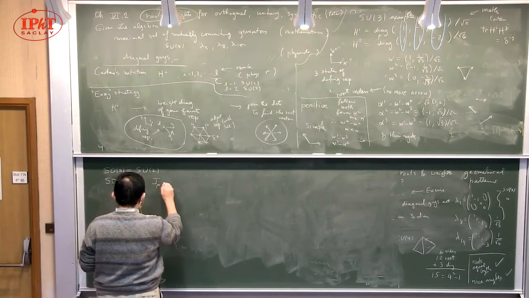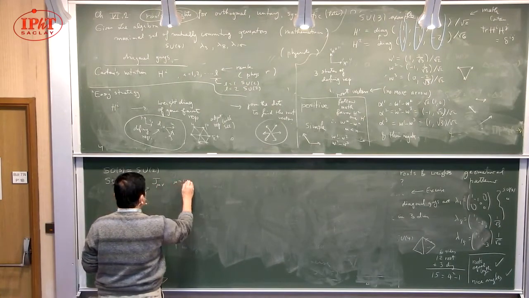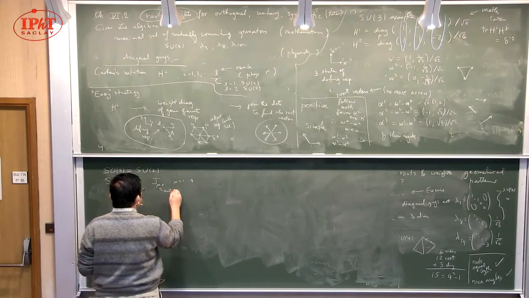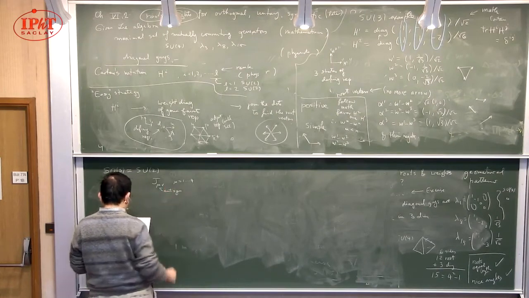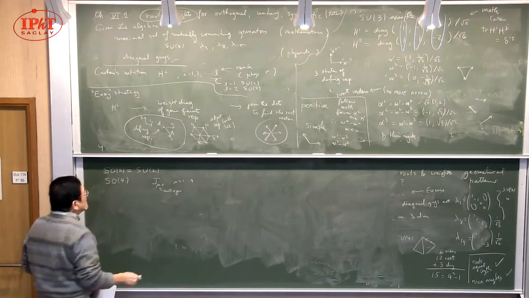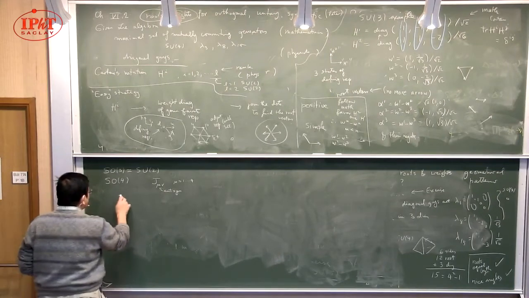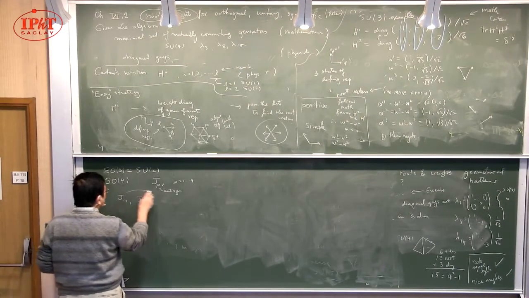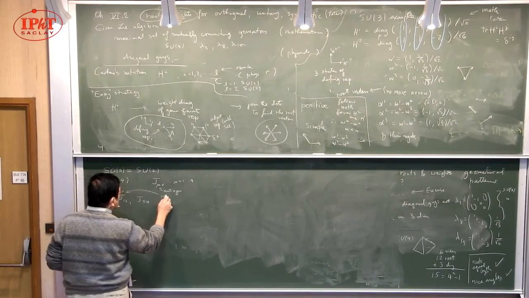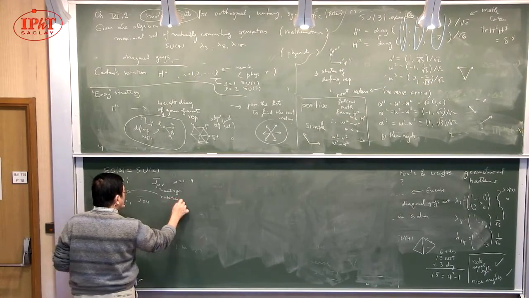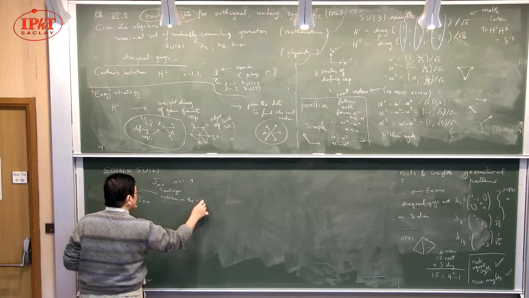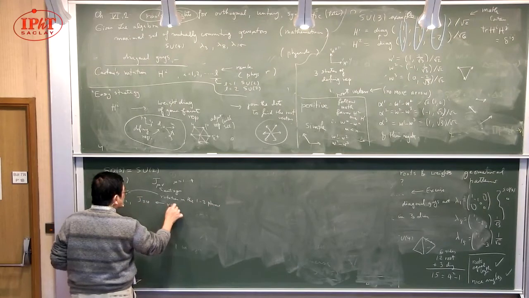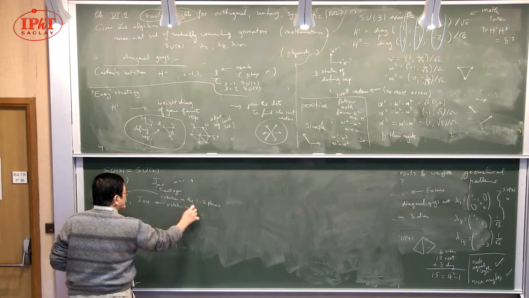Okay, so it's the generators. This is antisymmetric, classified by antisymmetric tensors. Okay, so the diagonal guys are J12 and J34. J12 is the rotation in the 1-2 plane, and J34 is rotation in the 3-4 plane.